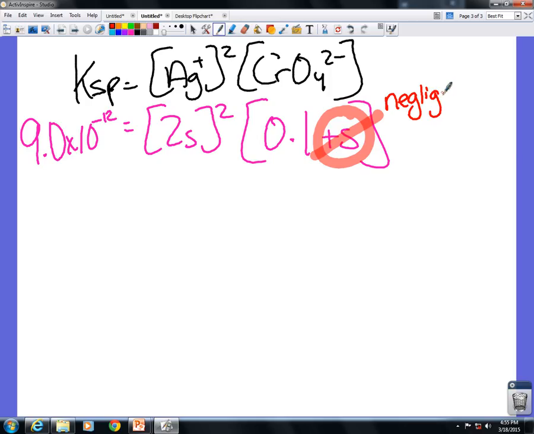It's negligible. So the S is so small that if I add it back to 0.1, would it change 0.1? Remember, we're talking about KSP to the negative 12. Even if this was S and I plugged it in, would you ever see a change to 0.1?